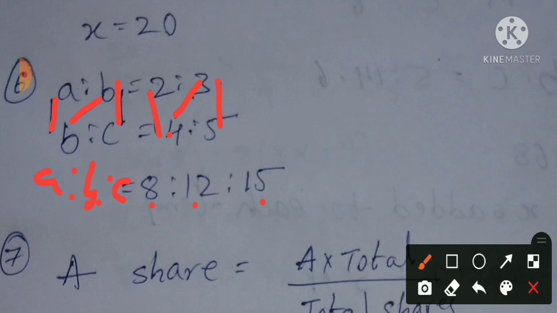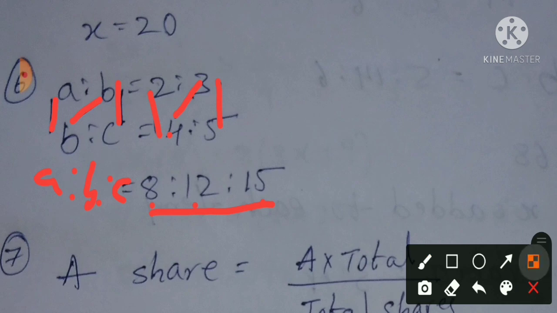If in these numbers we are able to simplify, you can do it with any of the numbers. But here 8, 12, 15 will not be divided by one number, that's why leave it as it is.